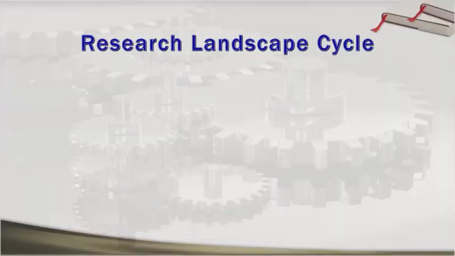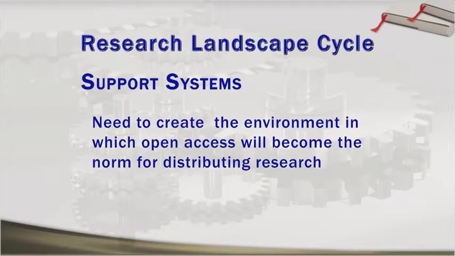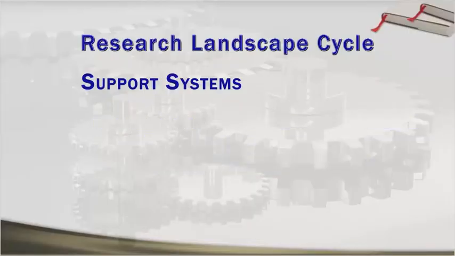Now, in this research landscape cycle, we as librarians and information scientists need to create the environment in which open access will become the norm for distributing research, if you really want to foster the research culture in your institutions.